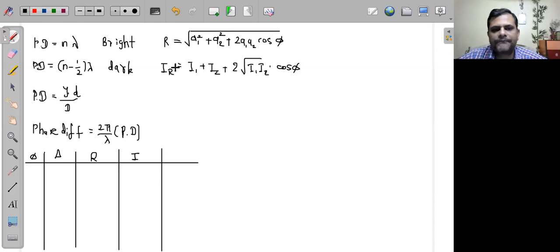But suppose we use this case: if A1 is equal to A2, and we just call it A, and I1 is equal to I2, and we just call it I here.